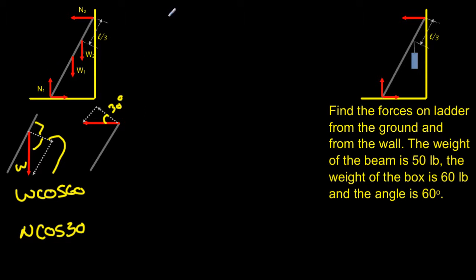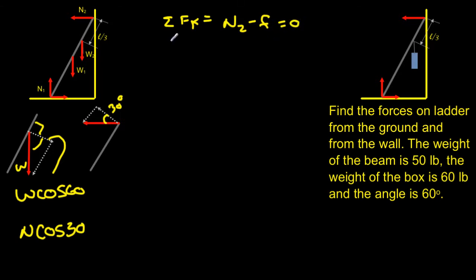So let's first sum each of our values. We have a sum of our X forces, and we have two of those. They are N2 and F, and that has to equal 0.